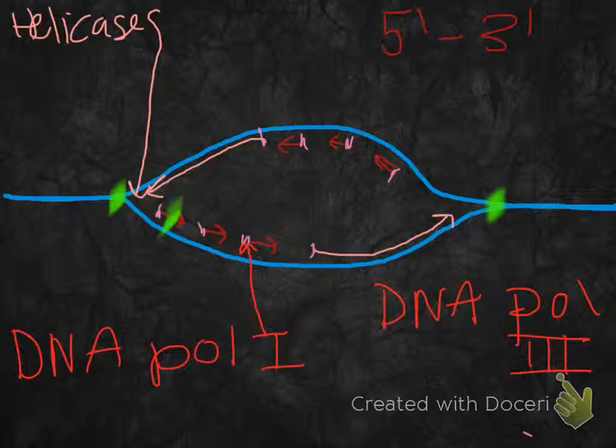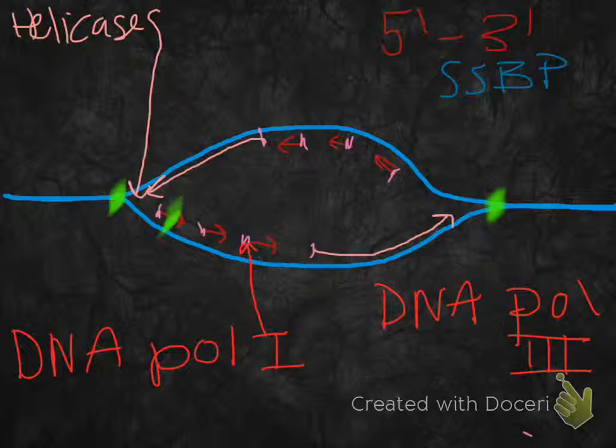Now, this next one is one of the most important proteins in this whole DNA replication process, and it's called the single-strand binding protein, or most commonly SSBP. Now, this protein keeps the single-stranded DNA in place until it can be used as a template for another structure.